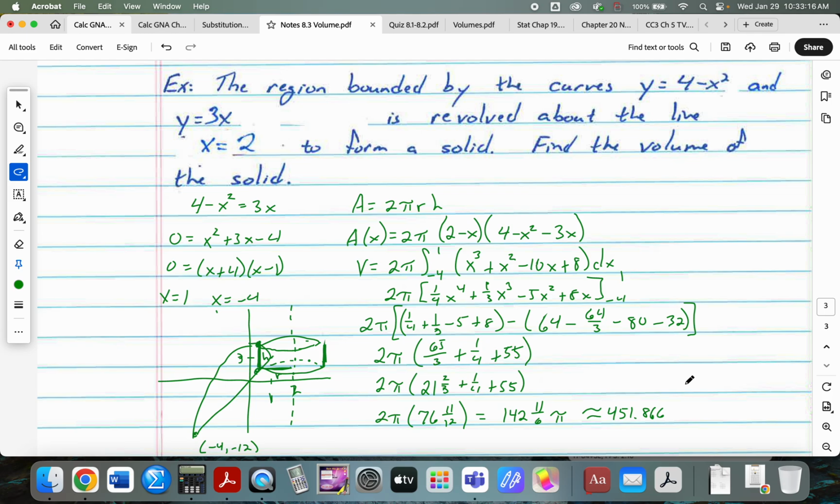So 1/4 x to the 4th, 1/3 x cubed minus 5x squared plus 8x. 1 plus a third.